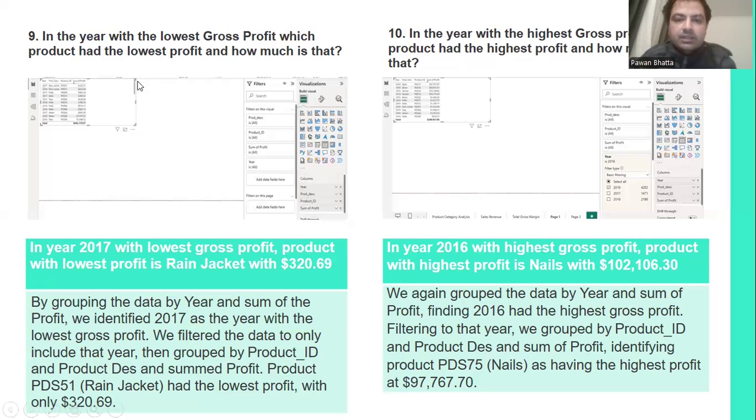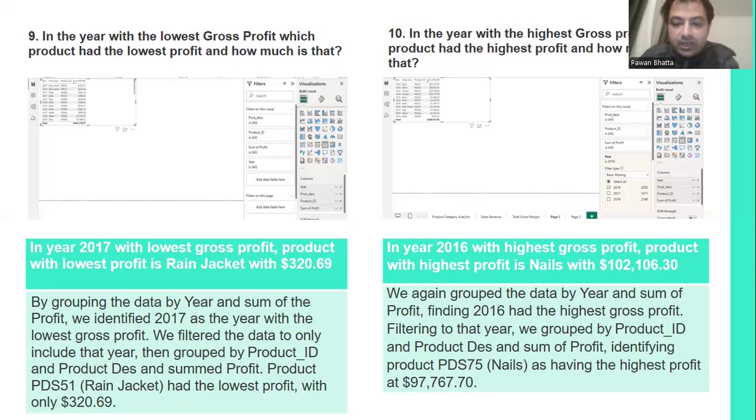And the last question is: in the year with the highest gross profit, which product had the highest profit and how much is that? In the year 2016, with the highest profit, the product with the highest profit is nails, which is 102,106.30.